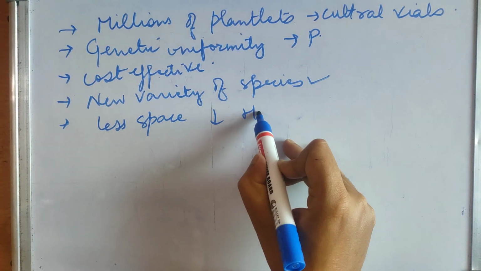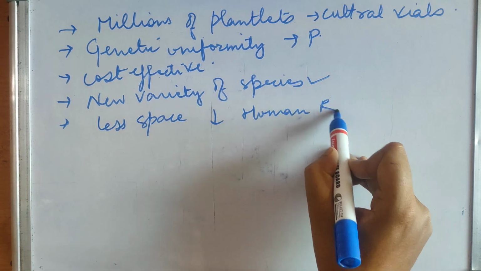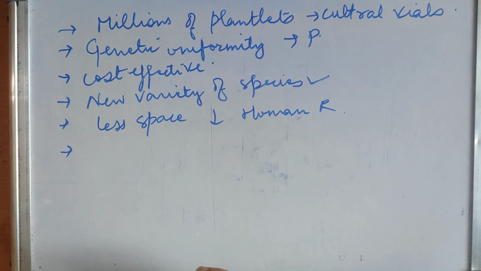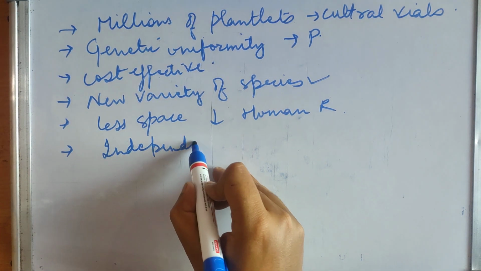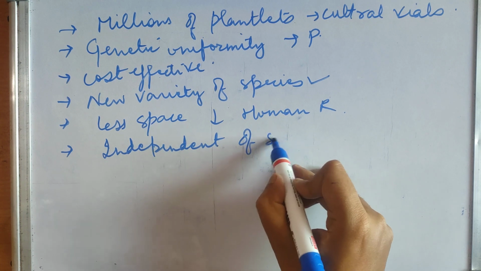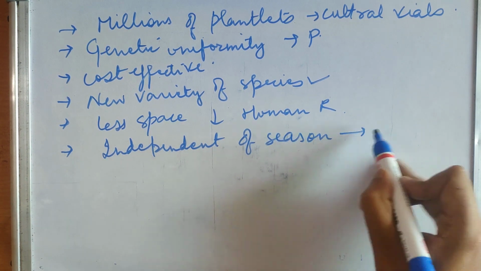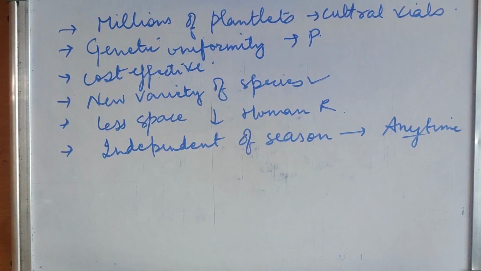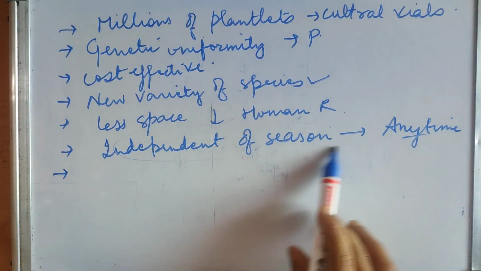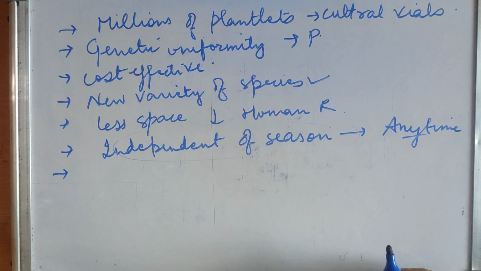It is independent of season and can be carried out anytime. Suppose we need to grow some plant in certain seasons, but here we can grow that in any season.